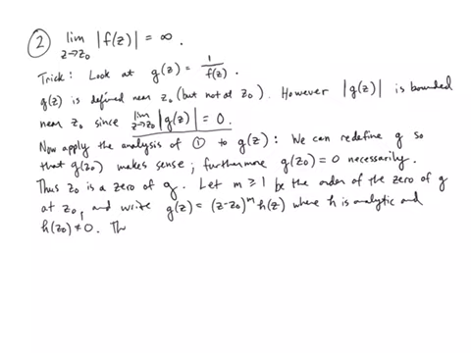Then f of z, that's 1 over g of z, and that's 1 over z minus z naught to the m times h of z.